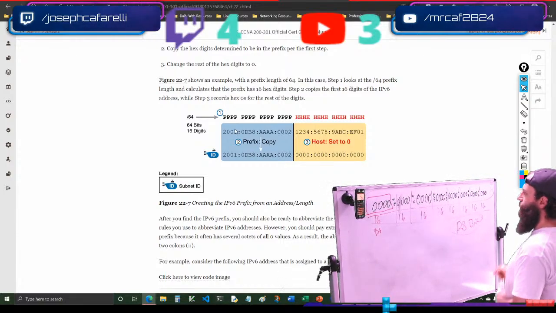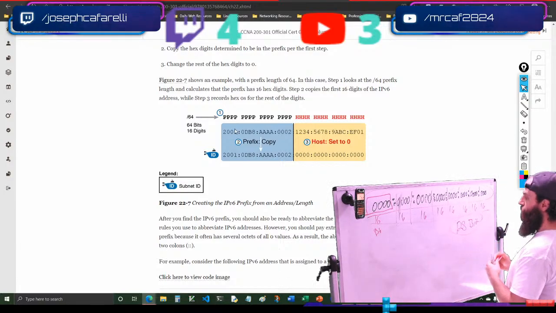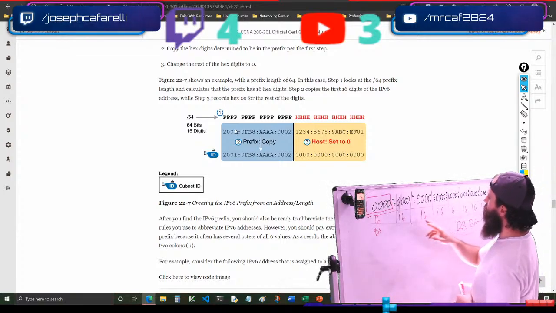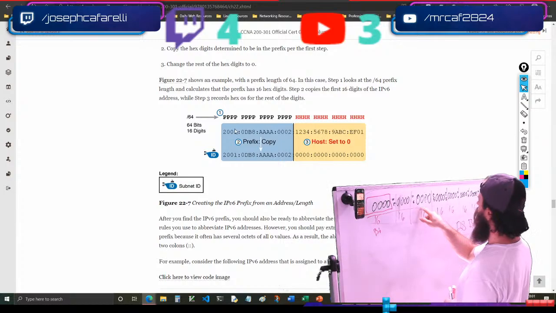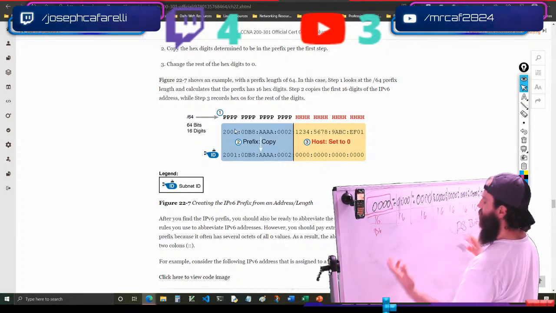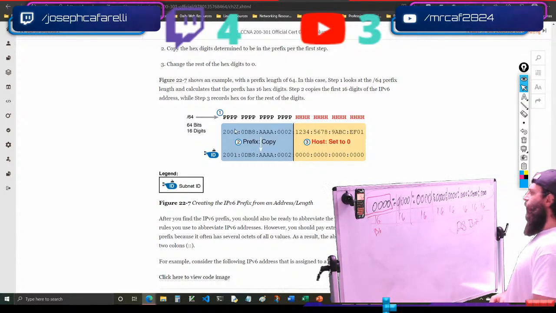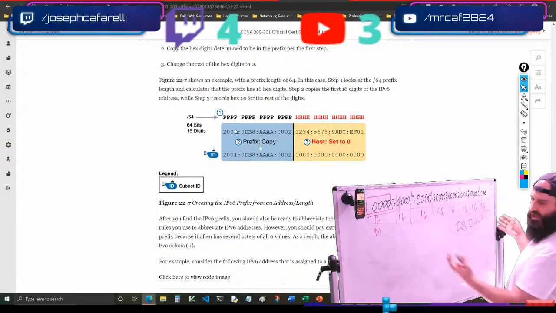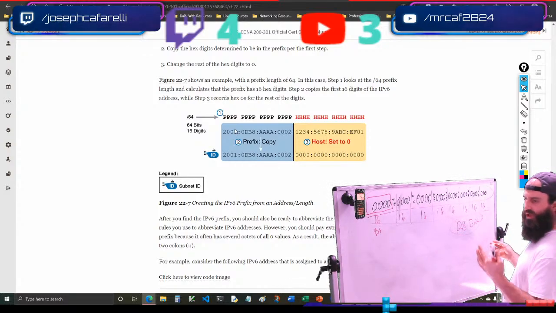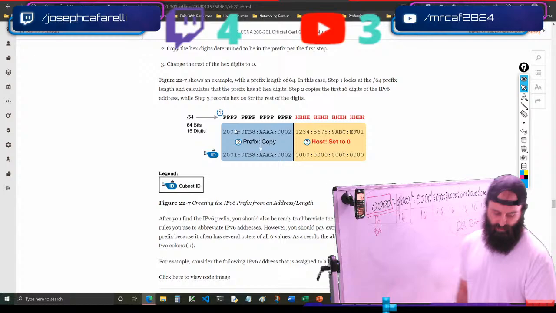And inside of those 16 bits we can continue to break this down. That's how we get so many different addresses. But that's how we start our thoughts about subnetting with IPv version 6.